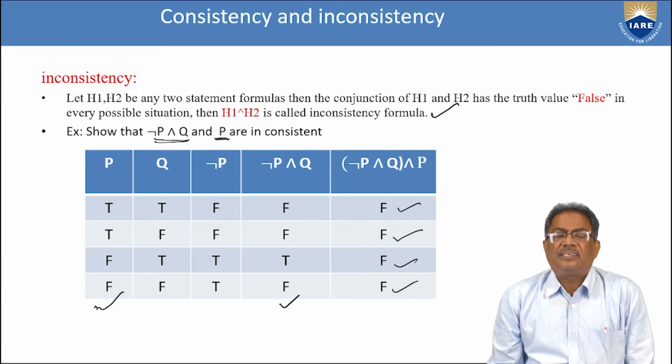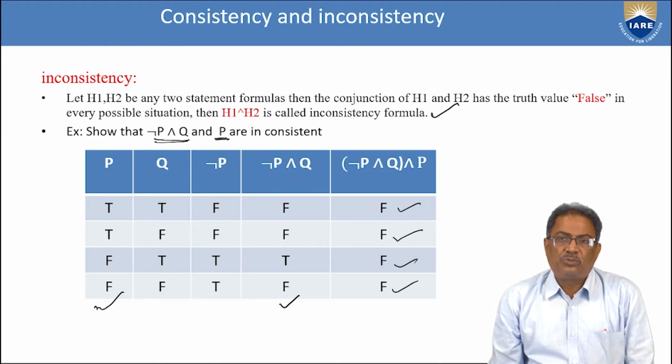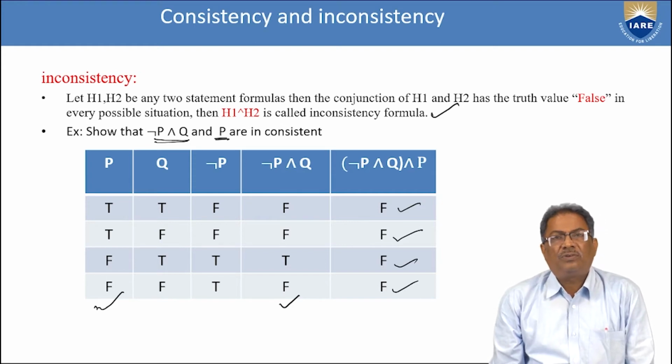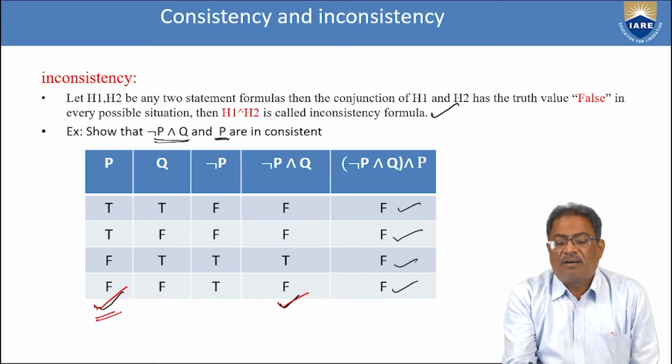The next one is inconsistency, which is quite the opposite. That means for all the possible combinations, if we get H1 and H2 as false, then H1 and H2 are called inconsistent formulas. Here, H1 we consider as negation P and Q, and H2 we take as P. Then we calculate H2, and of course H1 is already given.